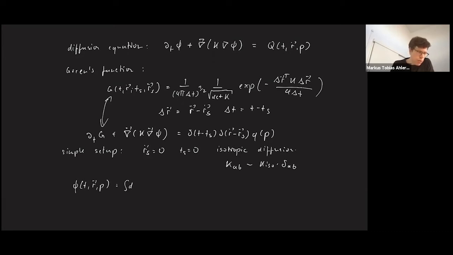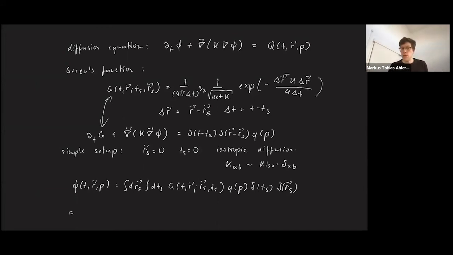So this is going to be integrating over rs and time ts, and then we have here the Green's function and the initial configuration, which now becomes simply Qp delta ts delta rs, because it's all at the origin. And this expression has a simple solution.